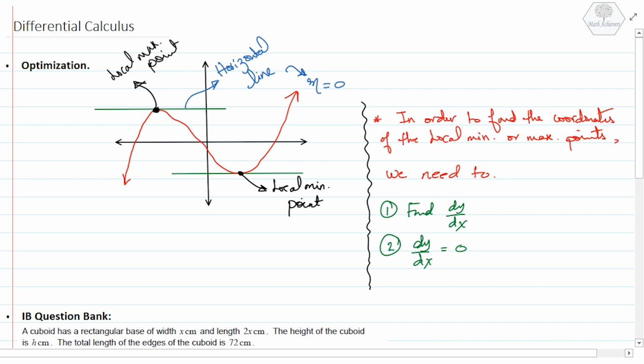Why is that? Because the gradient of the tangent at that point is 0, because it's a horizontal line.